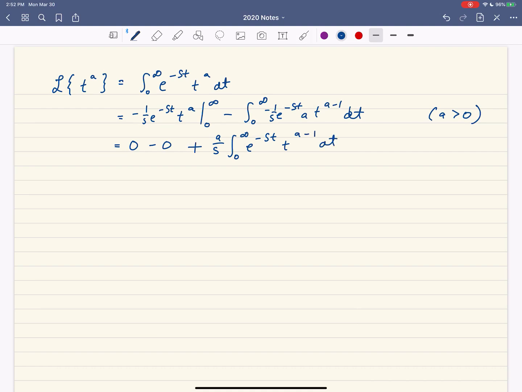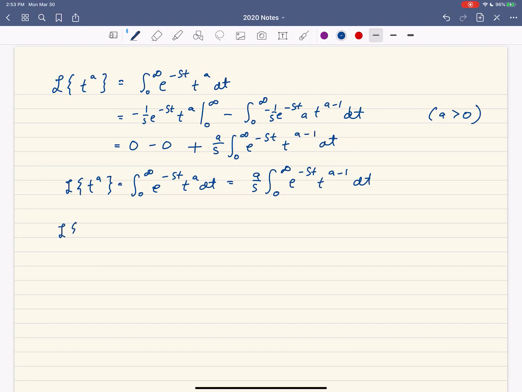Okay, and so what happened was we saw that the Laplace transform of t to the a, the integral from 0 to infinity of e to the negative st, t to the a dt, was a over s, times the same integral from 0 to infinity of e to the negative st, just t to the a minus 1 dt.